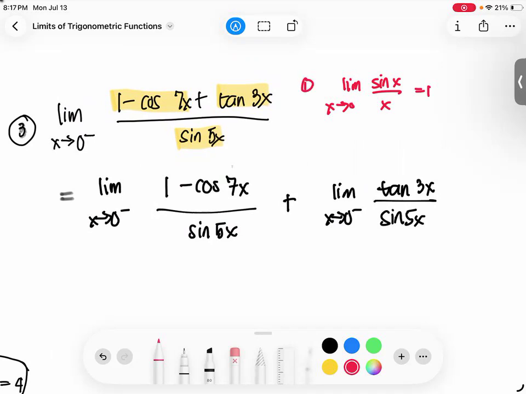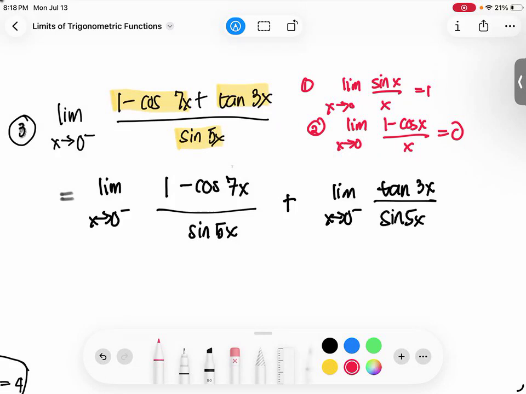We also have the limit of 1 minus cosine of x over x as x approaches 0, which is equal to 0. Now, how are we going to utilize these identities?